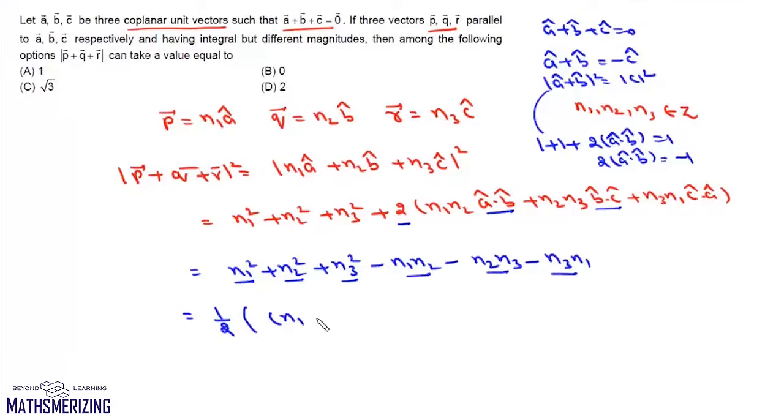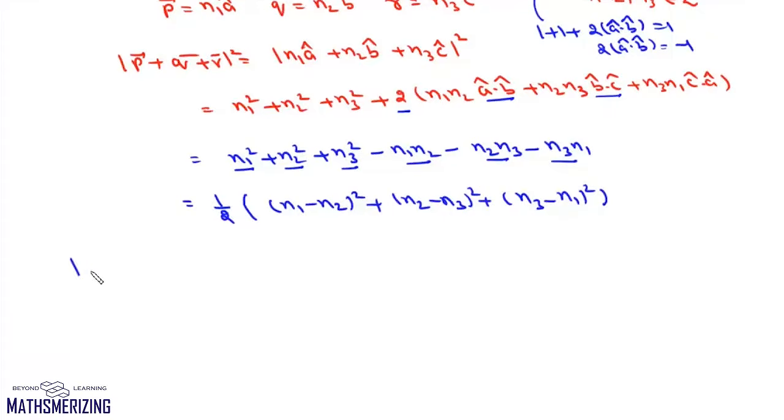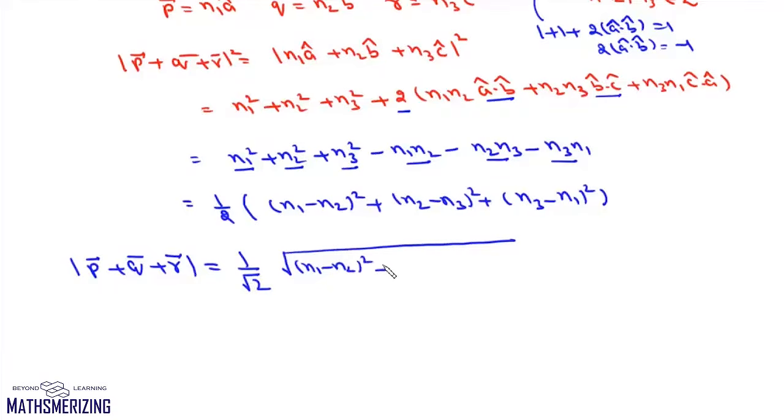So it will be (N1 minus N2) square plus (N2 minus N3) square plus (N3 minus N1) square, or we can write the magnitude of P plus Q plus R will be 1 by root 2 into under root of (N1 minus N2) whole square plus (N2 minus N3) whole square plus (N3 minus N1) whole square.